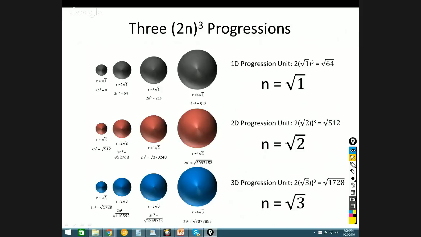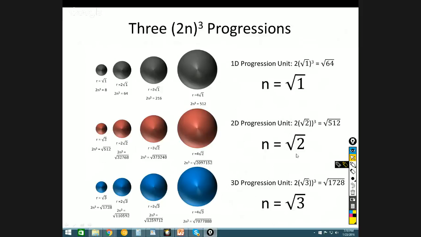One would have the square root of 1, which is equal to 1. But a 1D progression then is 2 times this unit of square root of 1 to the third power, which is equal to the square root of 64, which is, of course, 8. So that's the one we know.